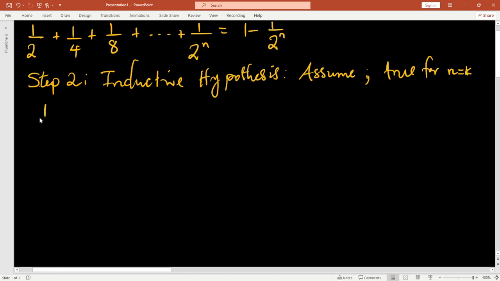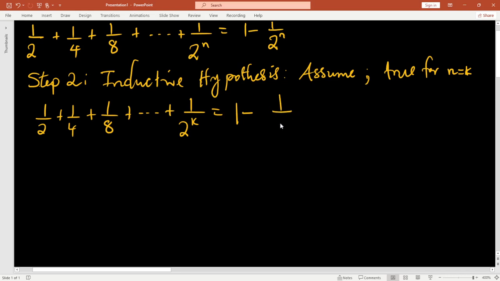So we're going to have a half plus 1 over 4 plus 1 over 8 plus ... plus 1 over 2 to the power k is equal to 1 minus 1 over 2 to the power k. This is the only thing that we get to do under the inductive hypothesis.